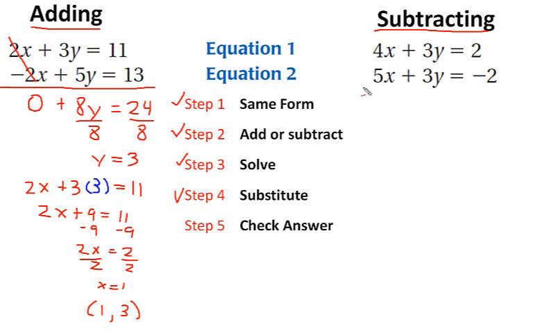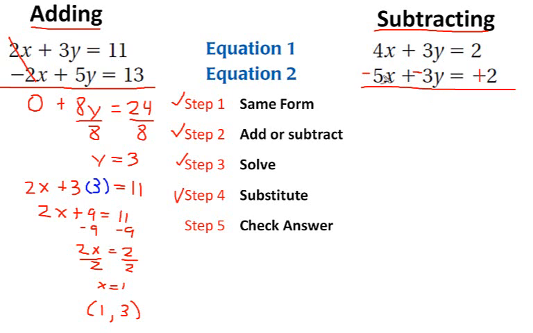In this second example, we see that we have coefficients that are the same in front of the same variable. So we're going to be subtracting. An easy way to think of this is you're going to change the sign of each one of these. So this one will change to negative, this one will change to negative, this one will change to positive. If you go ahead and change each one, you're pretty much adding at this point.